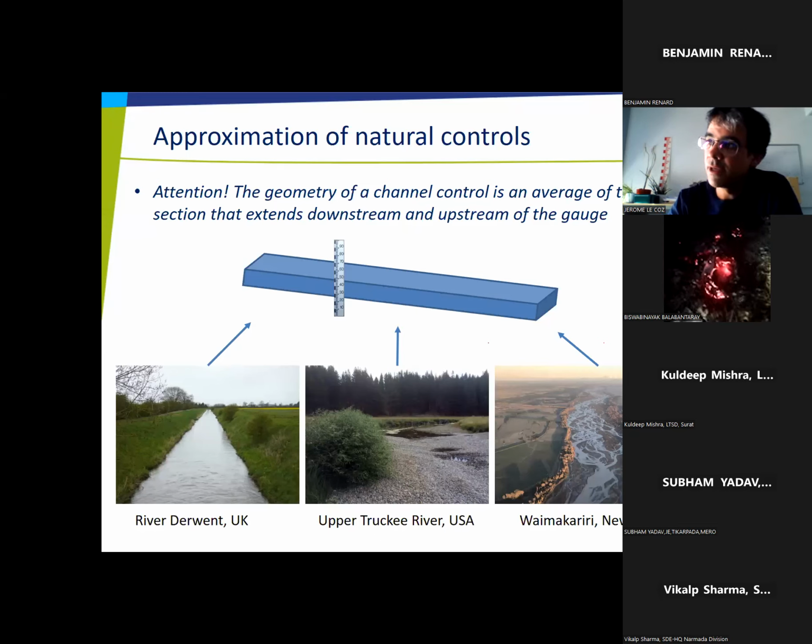For instance, here you have a very simple channel on the left to a very complex braided channel on the right. When there is enough water in those three channels, we will be able to represent all of them by prismatic rectangular channels, very simple ones. But we have to keep in mind that the controls we use in BaRatin are actually representing the reality through this kind of very simplified geometry and parameters.